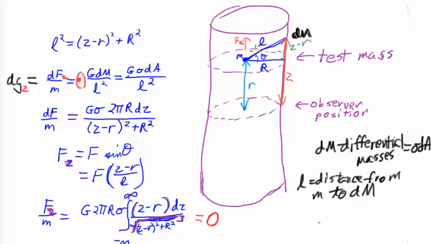And what I'm going to do to get that F sub z component is multiply that total force from dm by sine of theta here, which is the angle, which is the proportion of the component of this triangle in the direction of z. So I'll just copy those z's down and the sine theta down.